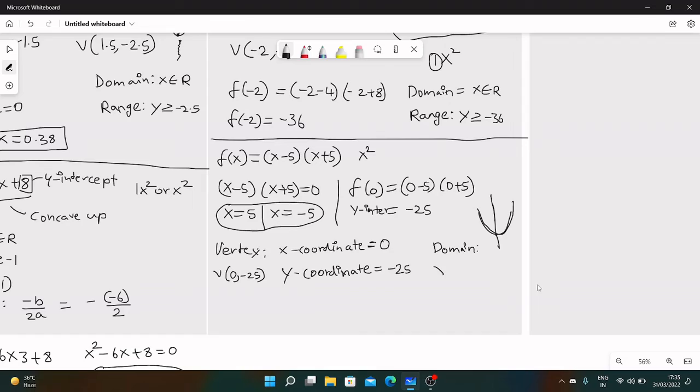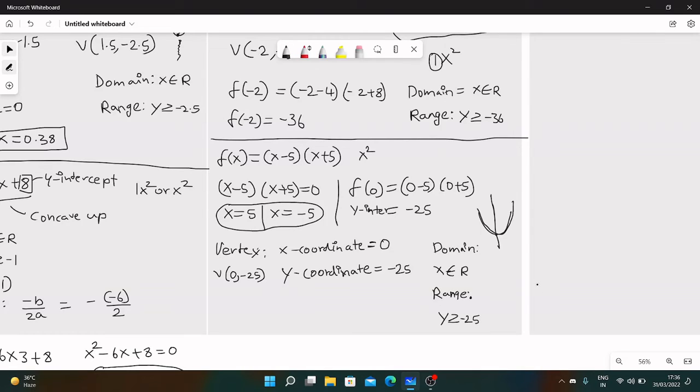We already know the domain: x belongs to R. And then we have to come to the range. So vertex minus 25 is the minimum, concave up parabola. So y is greater than or equal to minus 25. We did it.